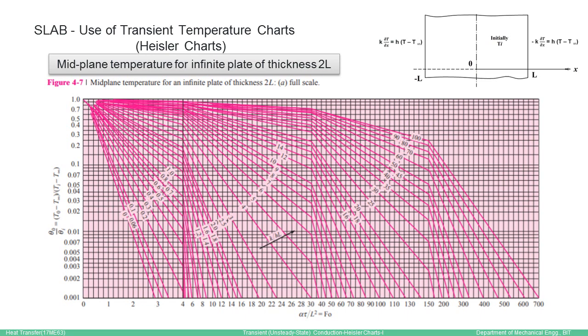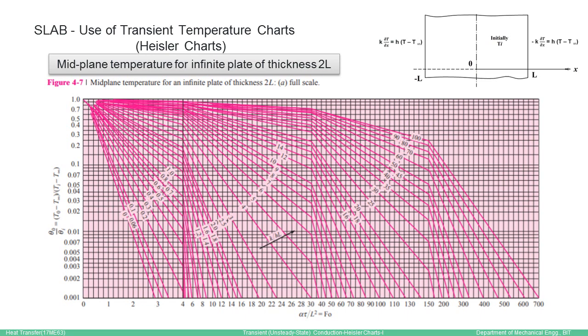Given the value of time and Biot number, you can find the corresponding value of the ratio theta naught by theta i, that is, the dimensionless temperature, from which we can find T naught after calculations, because Ti and T infinity will be given.